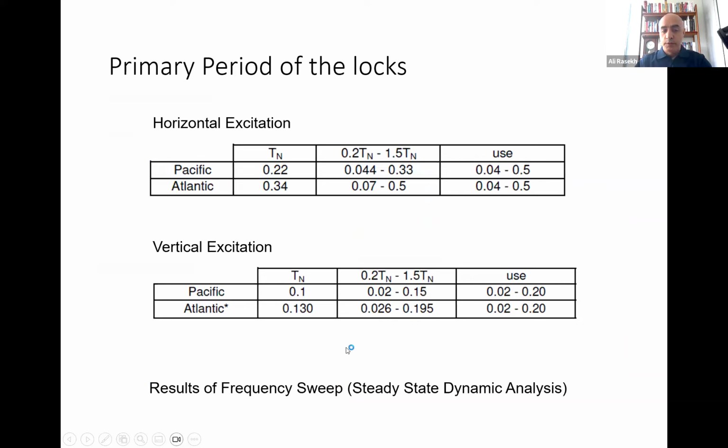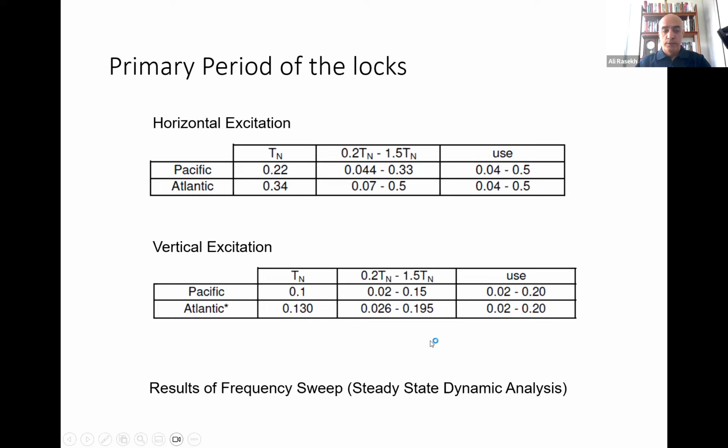We use a frequency sweep to get the primary period of the locks. Normally you can also do modal analysis, and most software would do modal analysis for you. However, sometimes the system is too complex, or maybe you don't want to remove the nonlinearities from the system and just want to use the system as it is and estimate the primary modes of vibration.